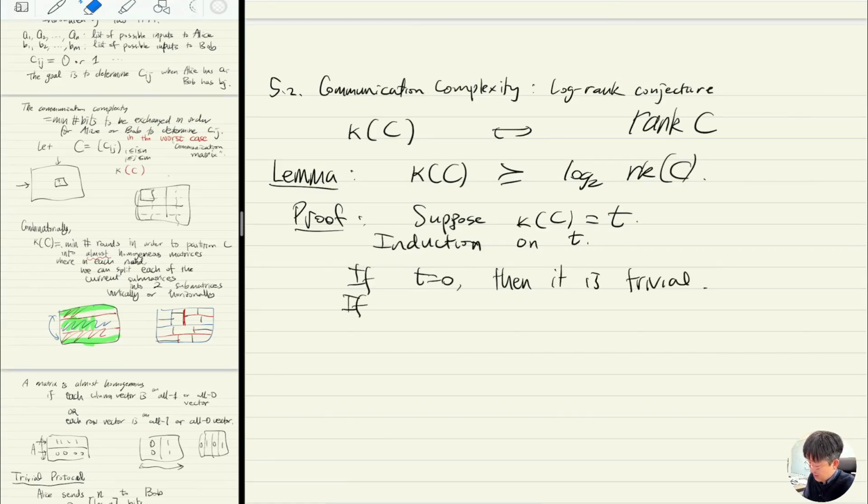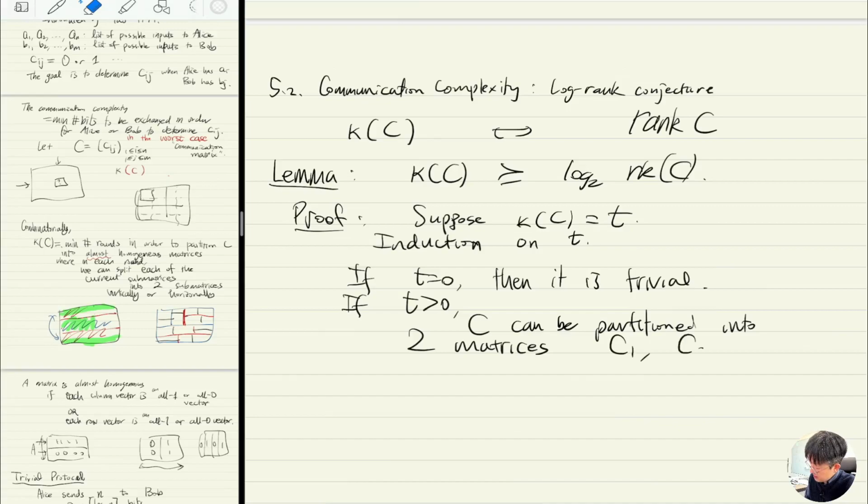If T is non-zero, then matrix C can be partitioned into two matrices, C1 and C2, such that kappa of C1 is at most T minus 1, and kappa of C2 is at most T minus 1.